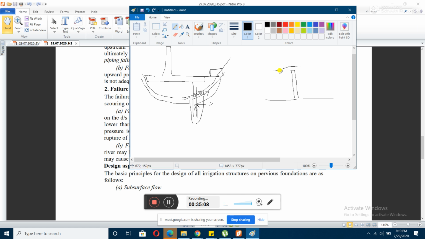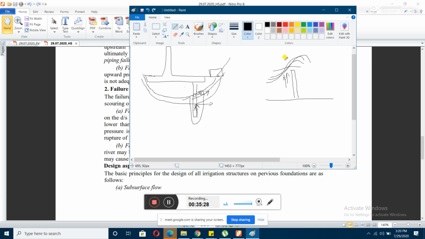First, look, the water here will tend to jump. There is a hydraulic jump, right? So there is a force acting upwards in this way, due to the construction of the weir.